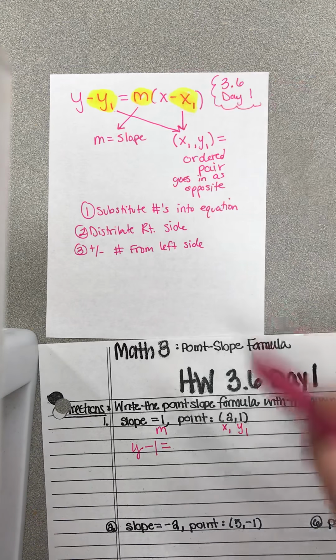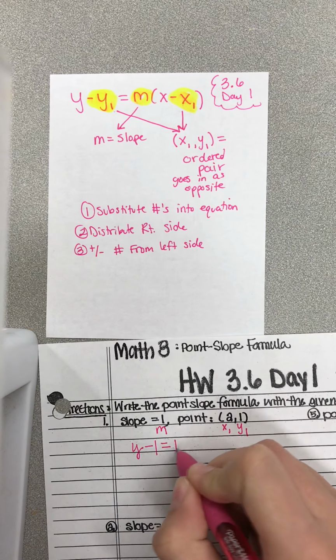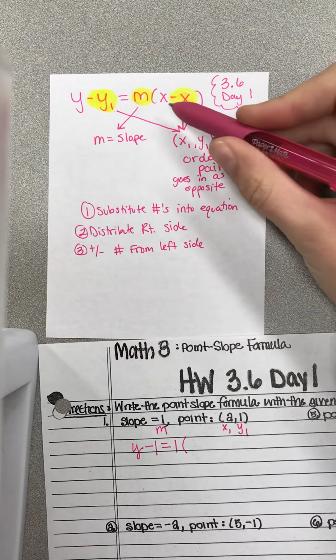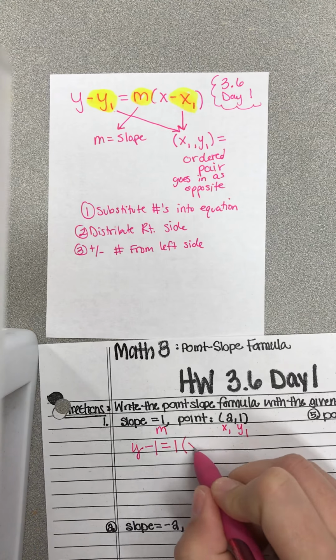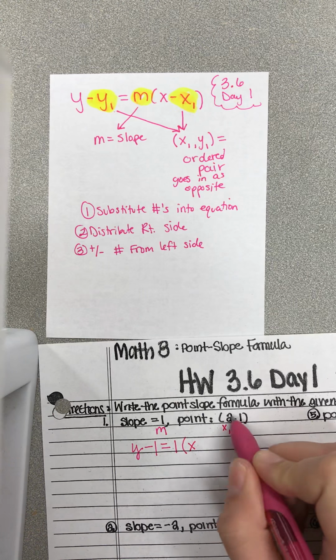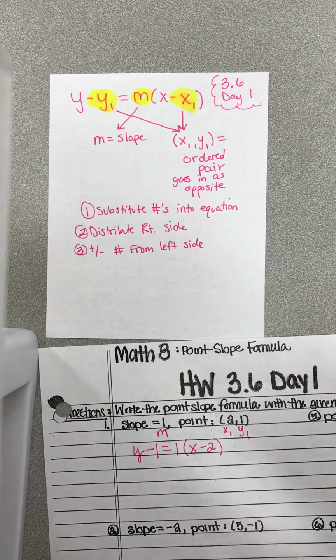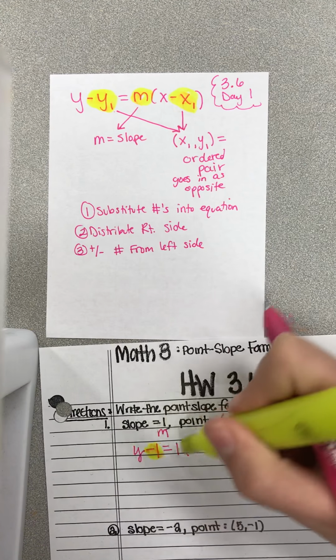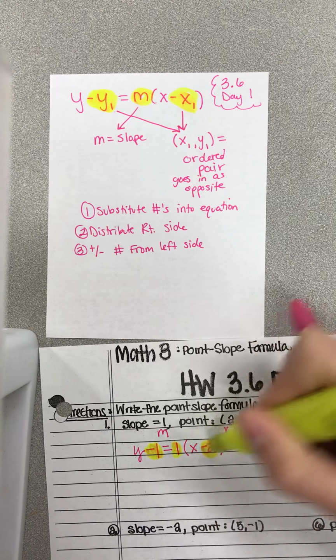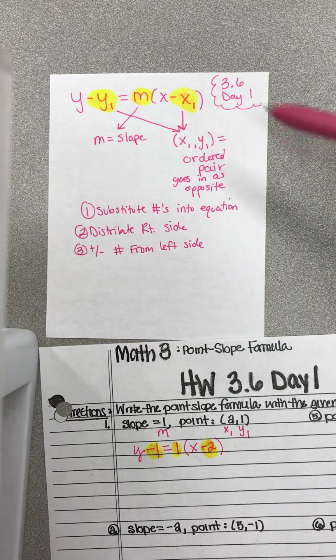Your m comes next. My m is a positive 1. Parentheses. The x goes into the equation, and my x1 is 2, but it goes in as the opposite sign. So notice here how I substituted in this negative 1, the 1, and the negative 2. Okay, same as I highlighted up on the top.